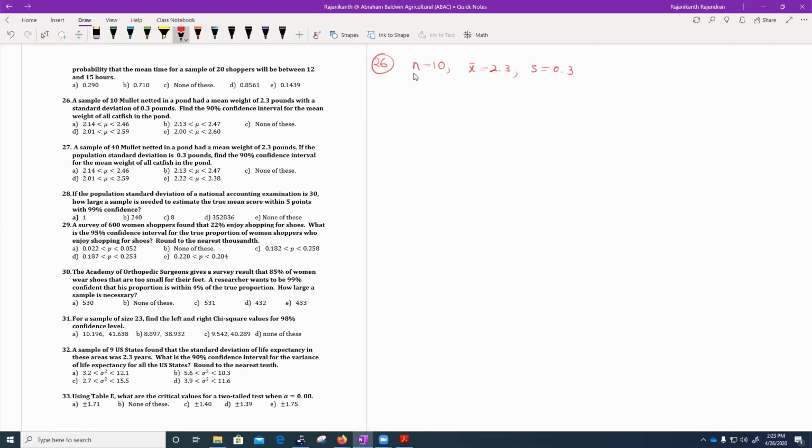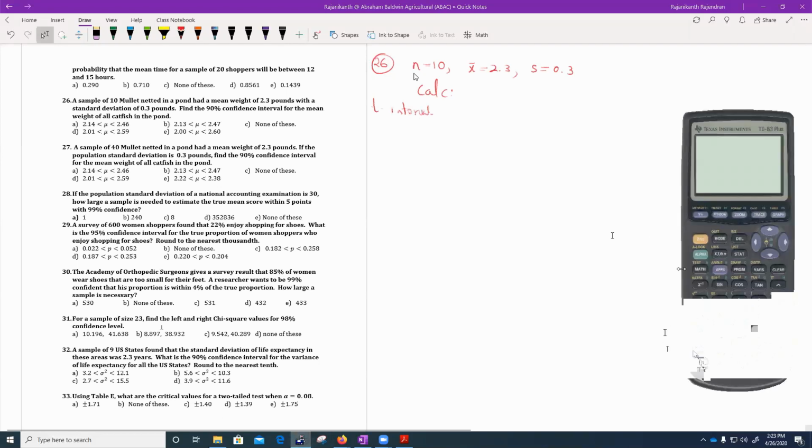Okay, so you could use either the manual way or the calculator. Let me use the calculator now. That is basically the T interval formula you have to use because you don't know the population standard deviation. Therefore, let me show that. We are going to use stat.